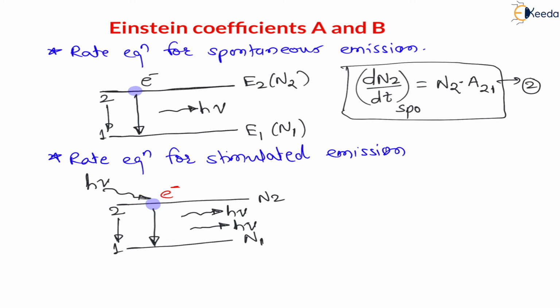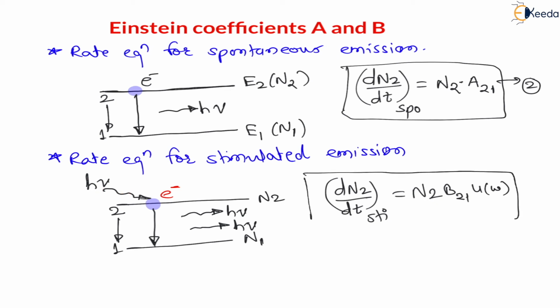Therefore the rate equation is dN2 divided by dt for stimulated emission, equal to N2, because the motion is from N2 to N1, into B 2 to 1, the Einstein coefficient, into, we have to use the energy density also, U omega, because an external energy source is used, right? This will be our rate equation for stimulated emission, and this is my third equation.